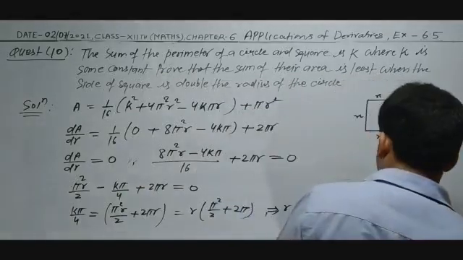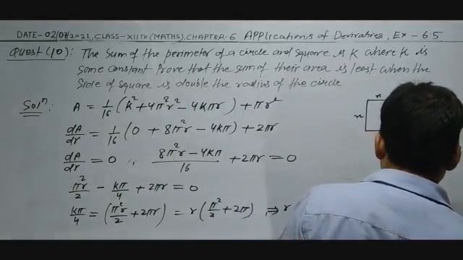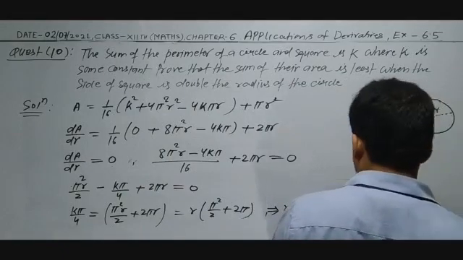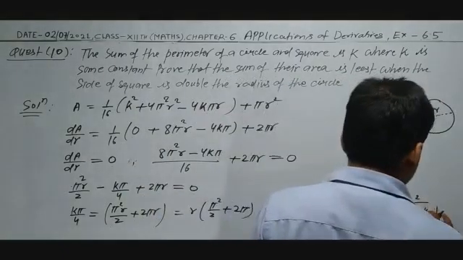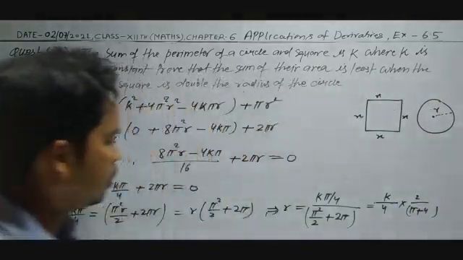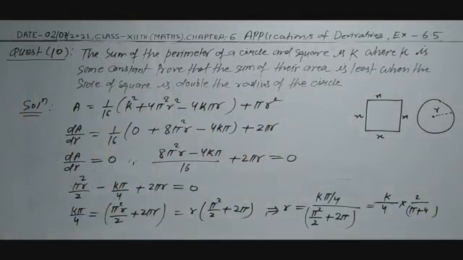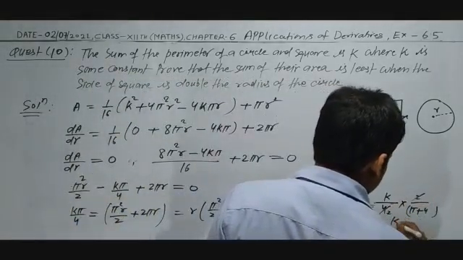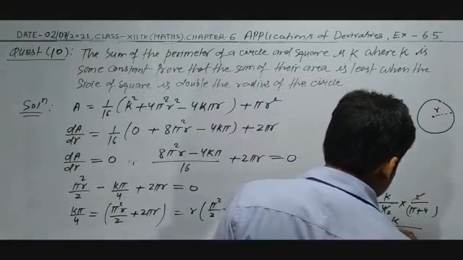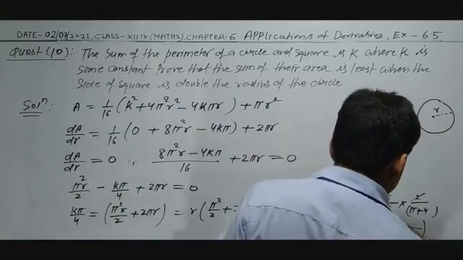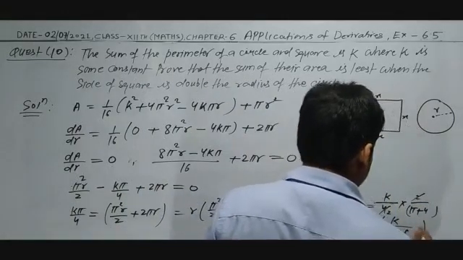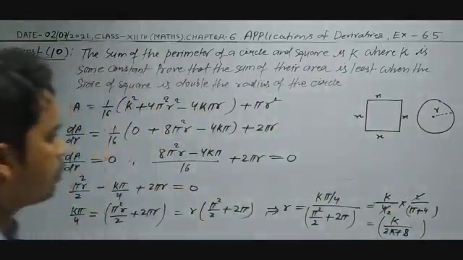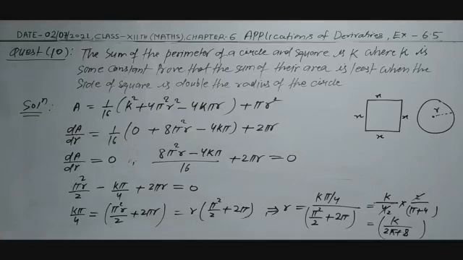Now the 2 term will cancel out, so result will be k upon 2 pi plus 8. So this is the value of r. Now you have solved r.